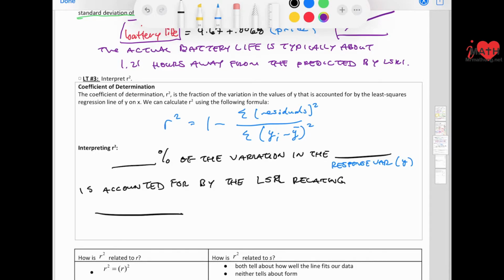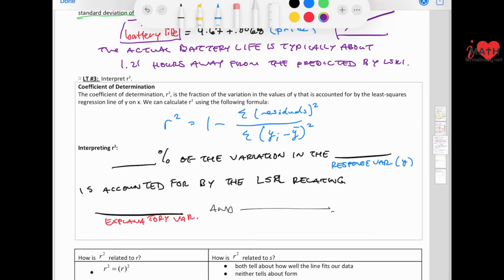This one is going to be the explanatory variable. And blank.